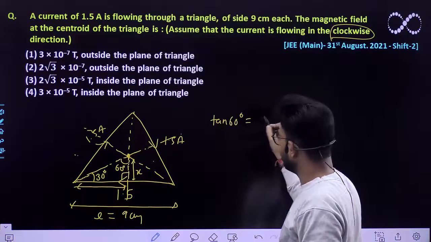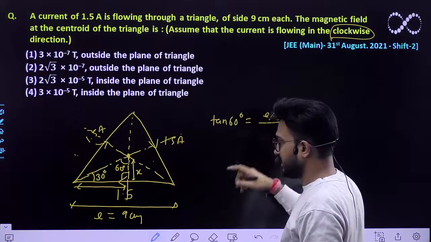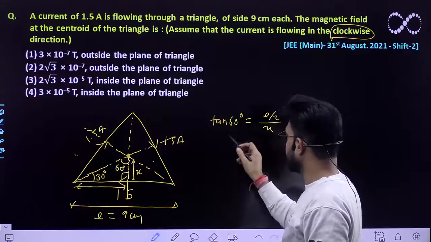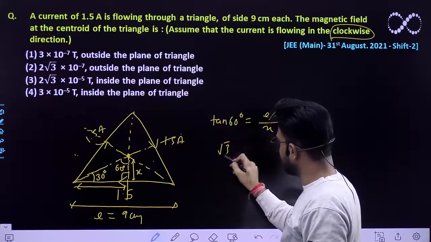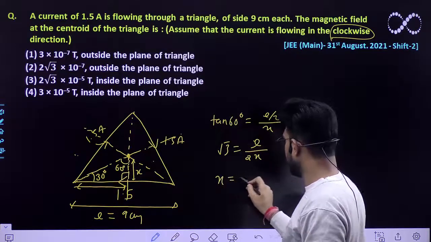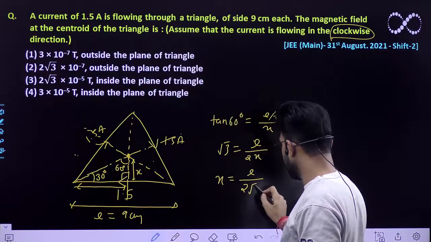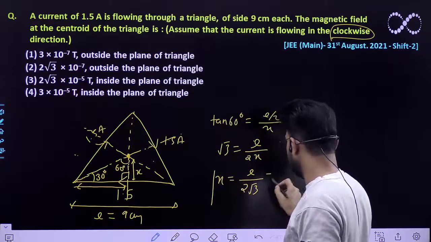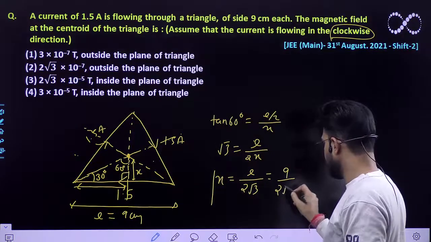So it is perpendicular by base, and the base is x. tan 60 degrees, which is √3, is equal to L by 2x. So the value of x comes out to be L by 2√3, which is nothing but 9 by 2√3.